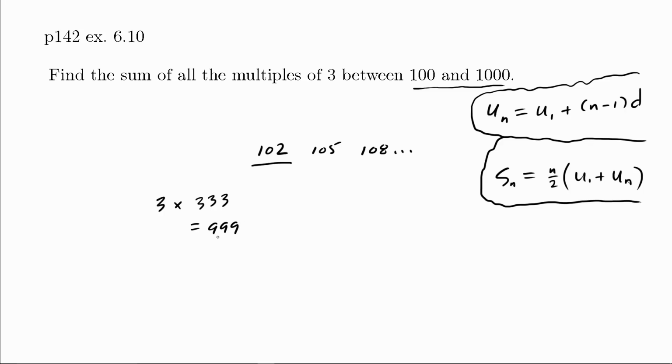So we definitely know that 999 is a big number that 3 fits into. The next number, plus 3, would be 1002, but clearly that's out of bounds, so let's not worry about that. So this here is our nice sequence.